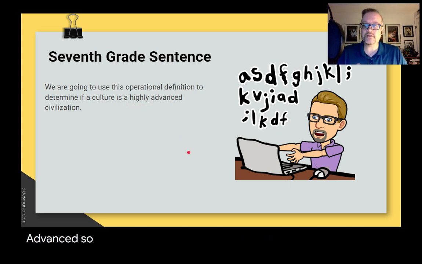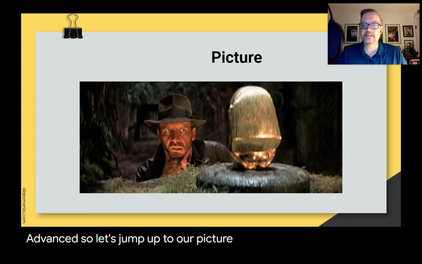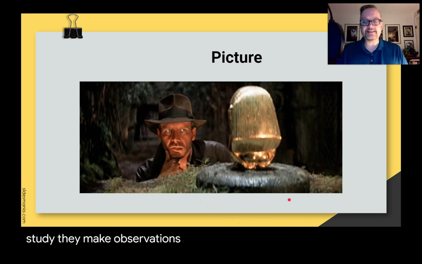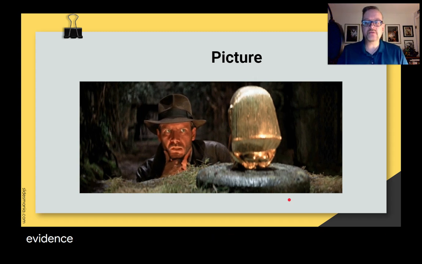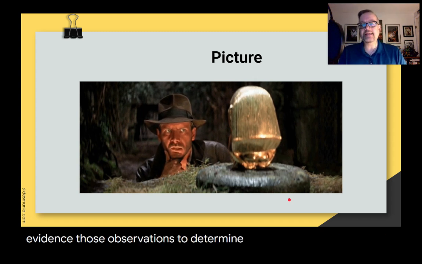So let's jump up to our picture. Here's our picture. Historians study, they make observations, they gather evidence, and they use that evidence, those observations, to determine if a culture is a highly advanced civilization.